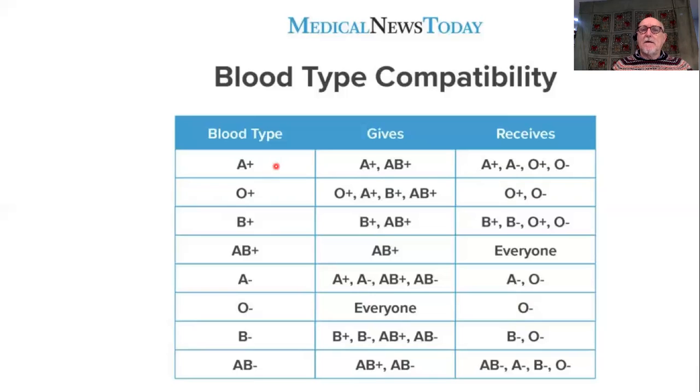What is circulating in this person's bloodstream? Anti-B antibody. So that restricts what they can receive. Work out why that is the case. Why is it that they can receive this and they can give this if they have that protein and that antibody?